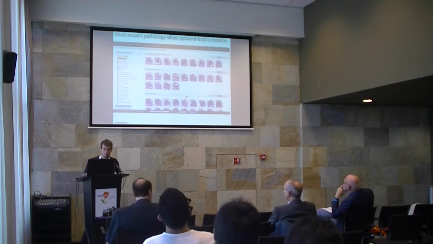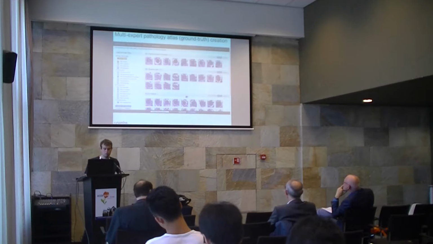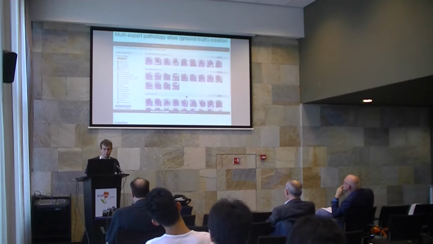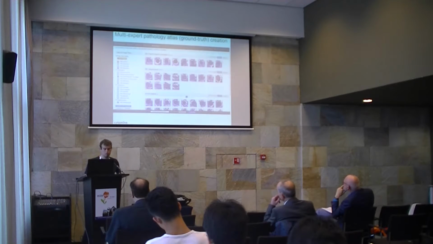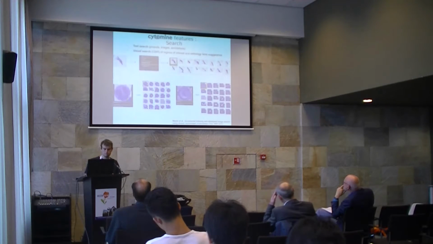And you can do it in a collaborative way, with different collaborative modes, so that people can together annotate the same annotation. So there is also a blind mode, so that different pathologists do not see the work of other pathologists.